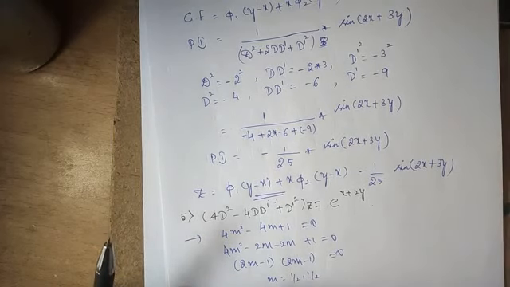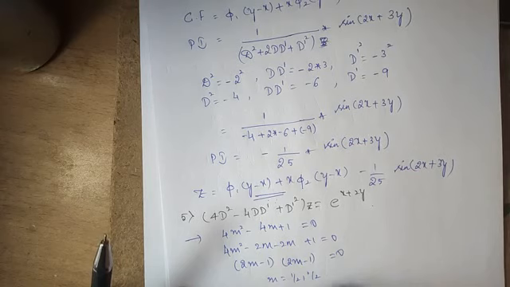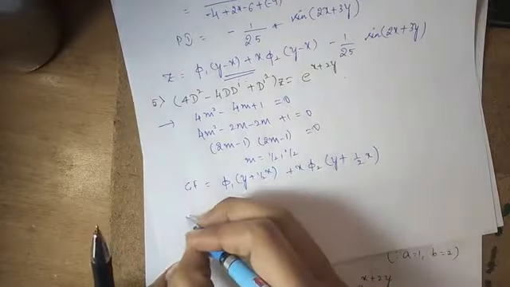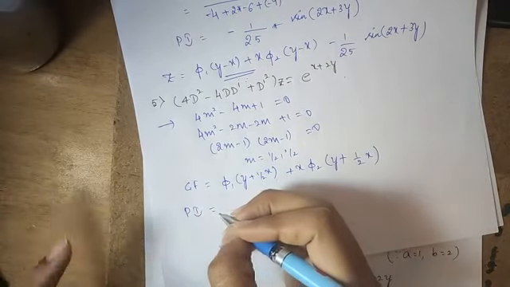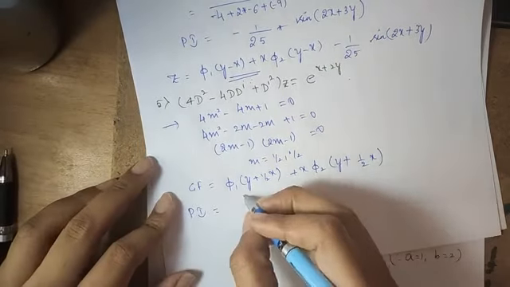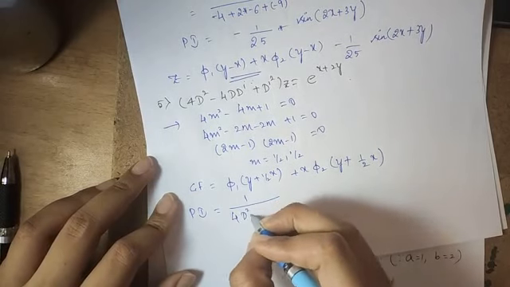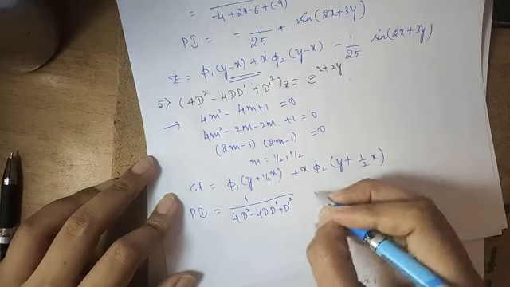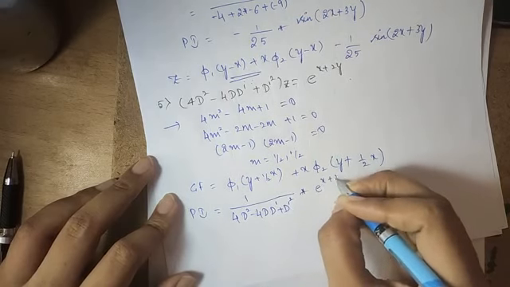Again the roots are repeated. So CF will be phi 1 of y plus half x plus x into phi 2 of y plus half x. Okay. So particular integral is equal to 1 over 4D square minus 4DD dash plus D dash square into e power x plus 2y.